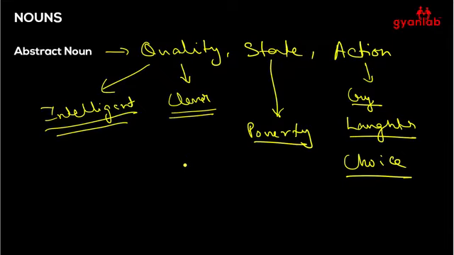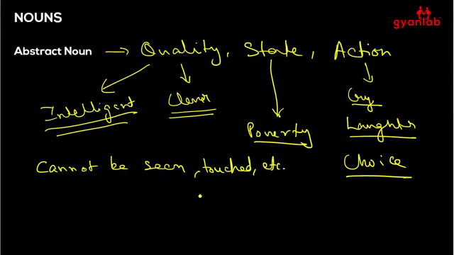But an abstract noun relates to quality, states, etc., but cannot be seen, touched, etc., because you cannot touch intelligent or clever or poverty, or see them. It's a state of being, or a quality, or an action, and hence these are known as abstract nouns.